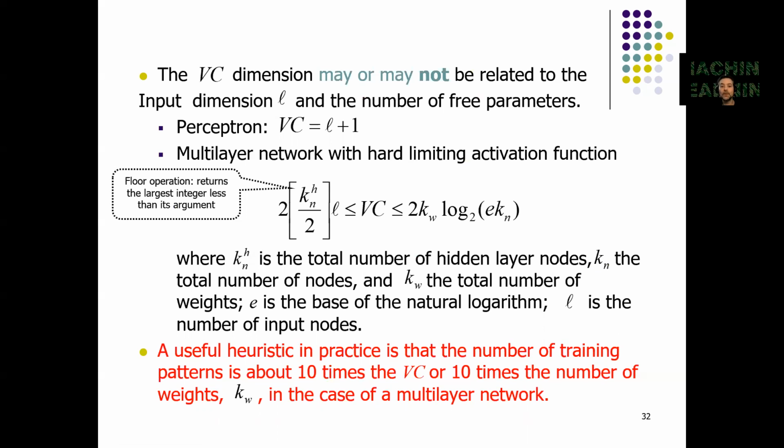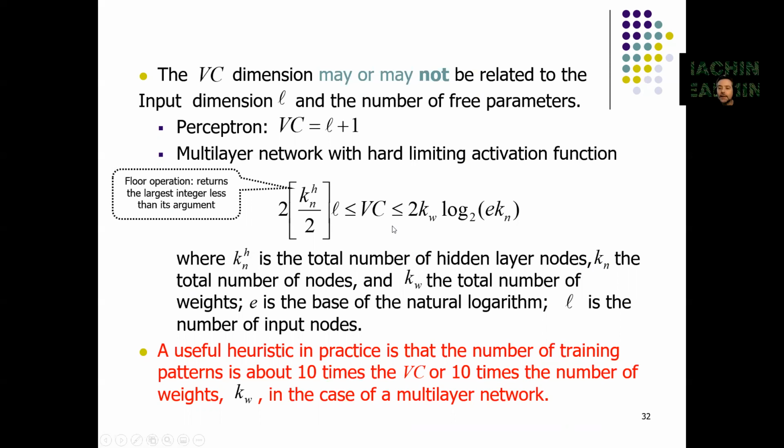For multilayer networks with hard limiting activation, not activations that can be differentiated like sigmoid or ReLU, you can see it is bounded between these two numbers, which depend on the number of hidden layer nodes, the total number of nodes of the network, the total number of weights of the network, the number of input nodes. All these parameters play a role in defining the VC dimension.